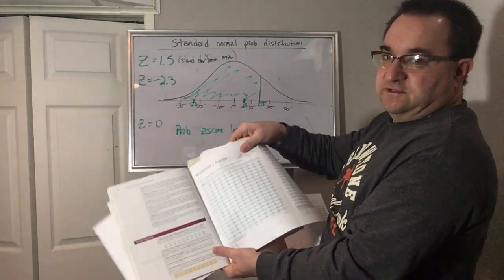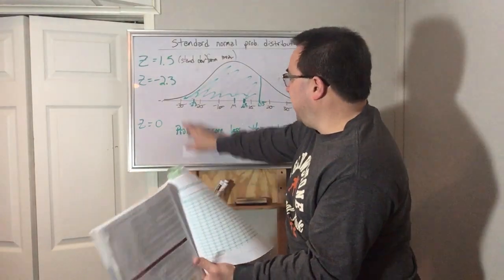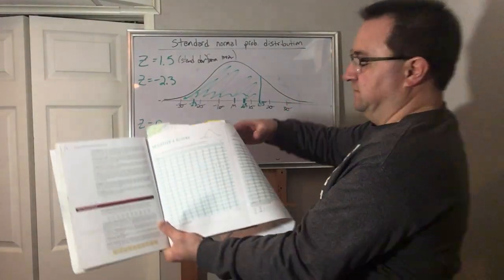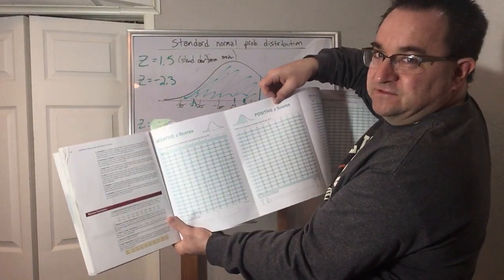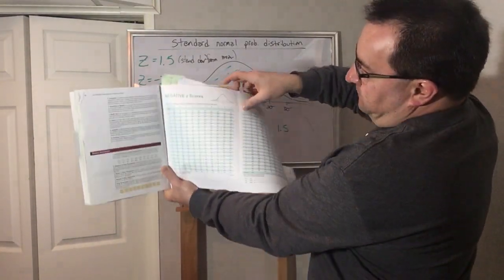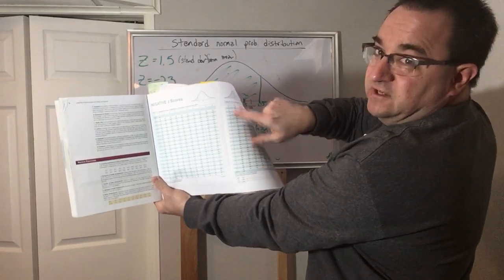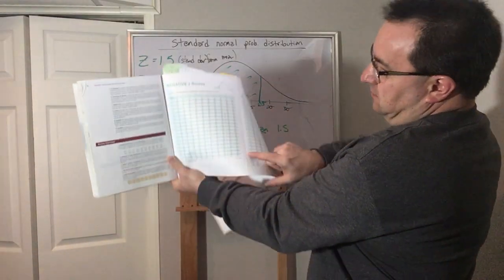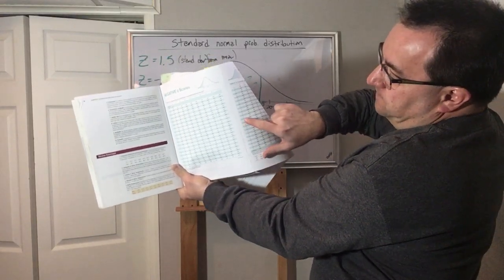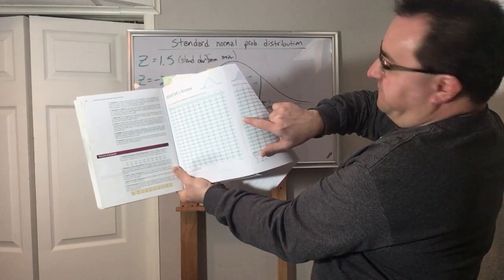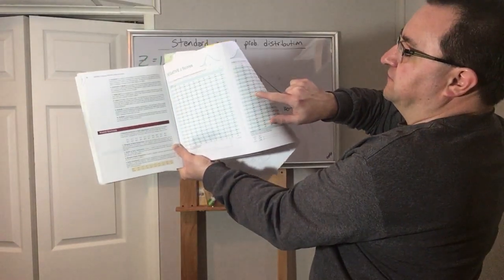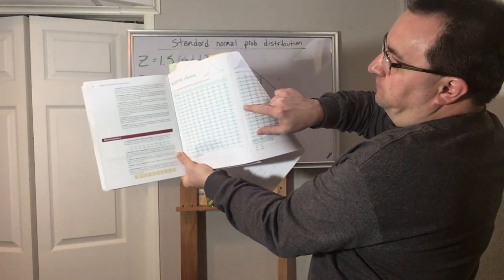So how do you use this table? Well, this is a positive z-score. See, 1.5 is a positive. So I got to go to the positive z-scores. And this is the first decimal place in this column. I find 1.0. Oh, it's got 1.5. My bad. So 1.5, I got to follow this. It'd be that first number, 1.500.